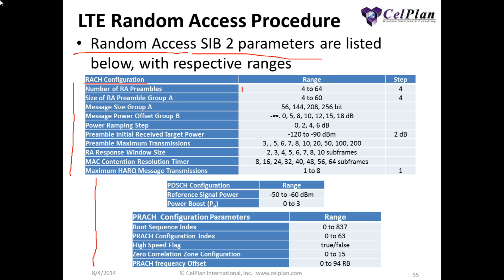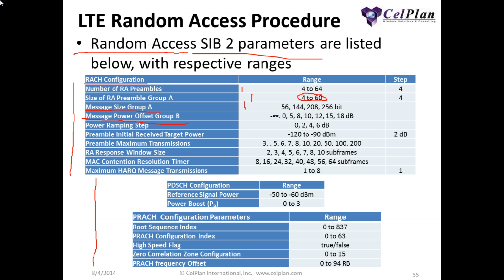Size of random access preamble group A, 4 to 60. So when it says step, it means that you cannot choose 5. It should be 4, 8, 12, and so on. Message size group A. Message power offset group B.